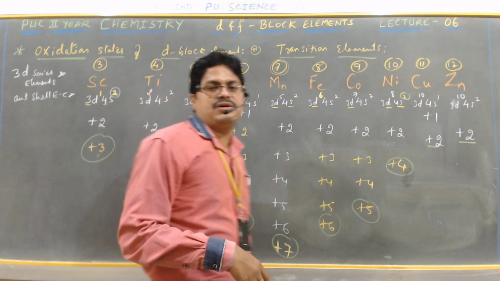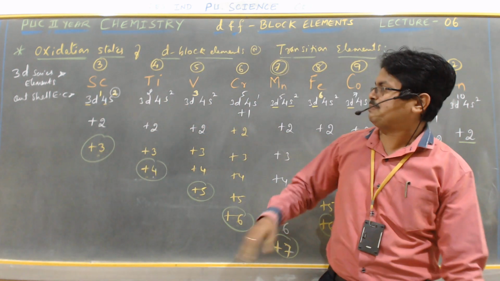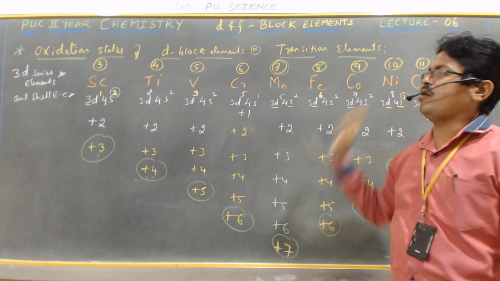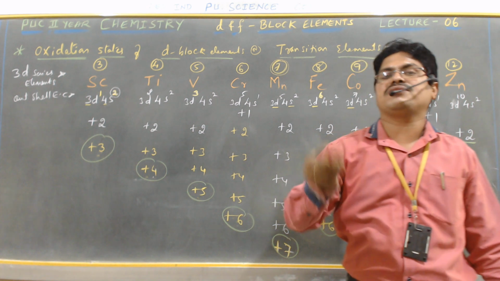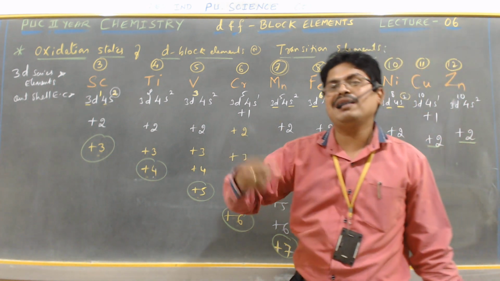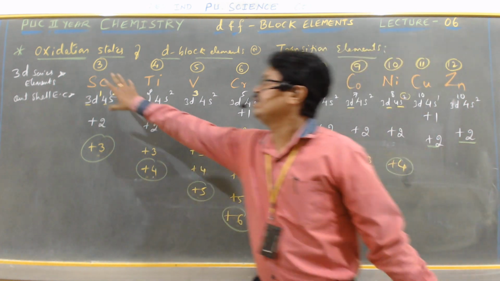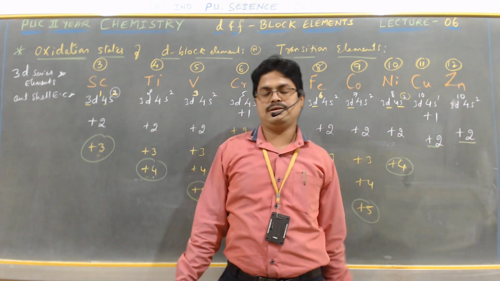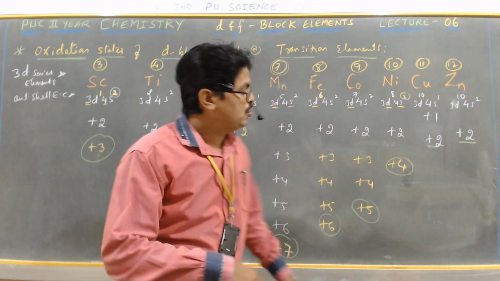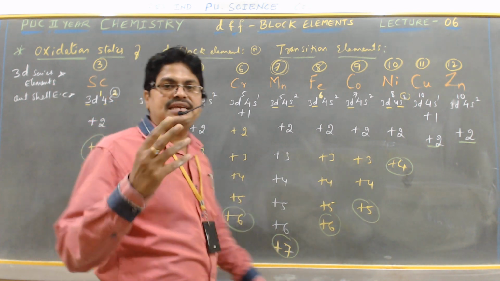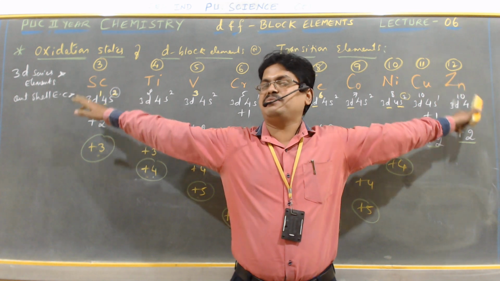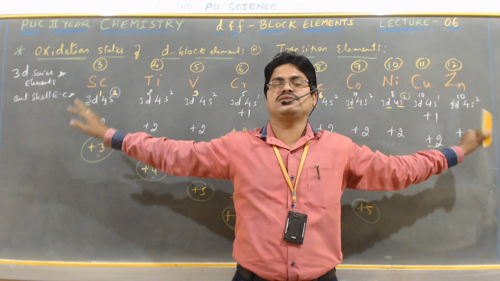That is point number 2. Point number 1 is that all the d block elements exhibit variable oxidation states, except group 3 and group 12. Point number 2: in the middle of the series, d block elements exhibit higher oxidation states, but at the two extreme ends they exhibit lower oxidation states.